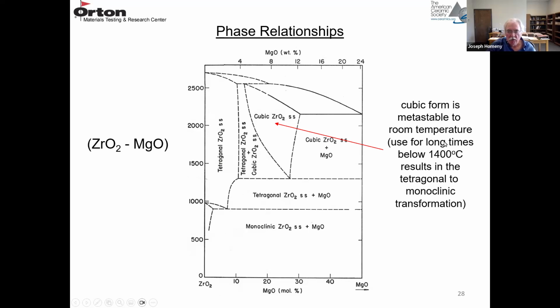So if you use this cubic zirconia formed with the MgO additive, you can use it for long times below 1400 degrees C, but eventually you're going to have the transformation take place to tetragonal monoclinic. So it'll remain metastable, but if you're using it at high temperatures, like 1400 degrees C, it's going to eventually form tetragonal and monoclinic.